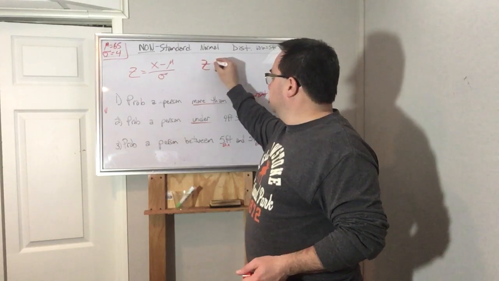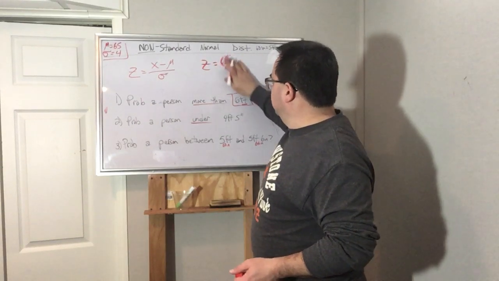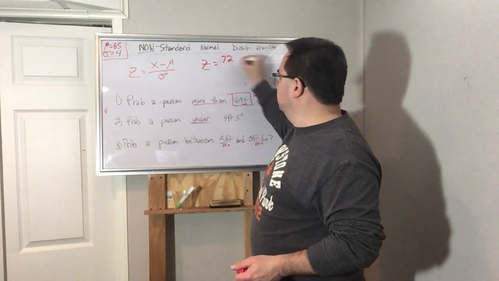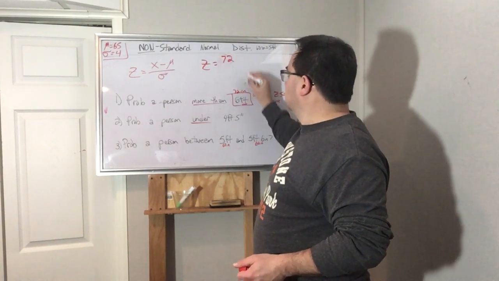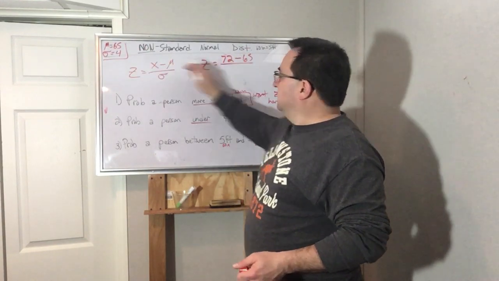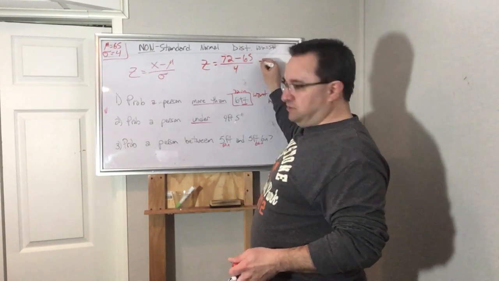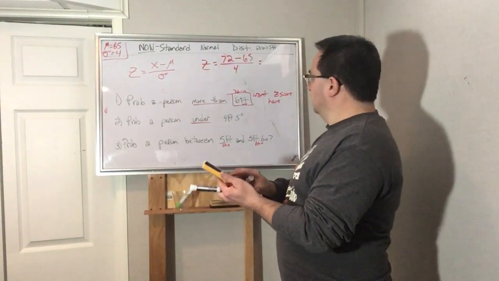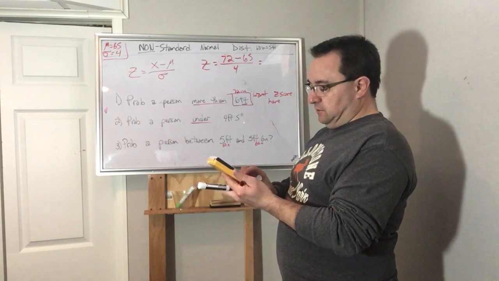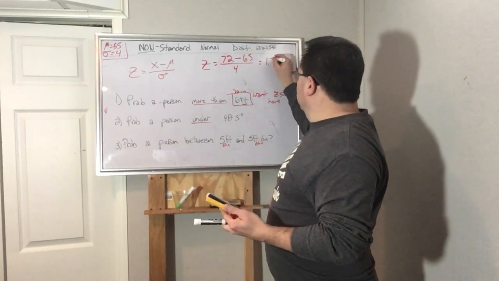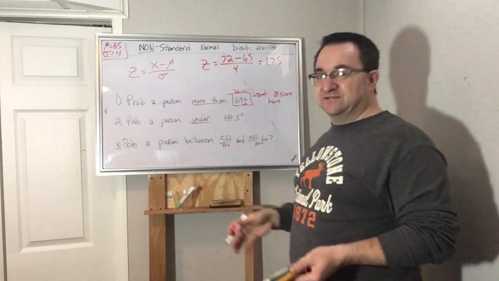So in this case, z would be 6 foot, which is 6 times 12, 72 inches, minus the mean, which was given as 65, divided by the standard deviation, 4. So 72 minus 65 over 4 is 1.75. That's a z-score of 1.75.